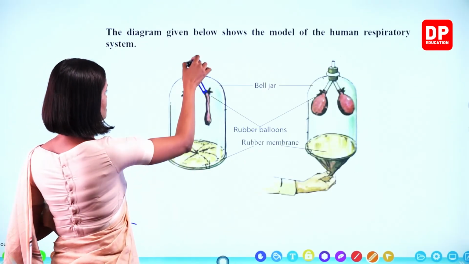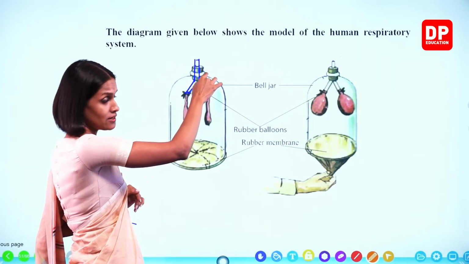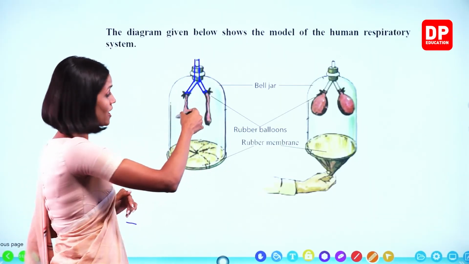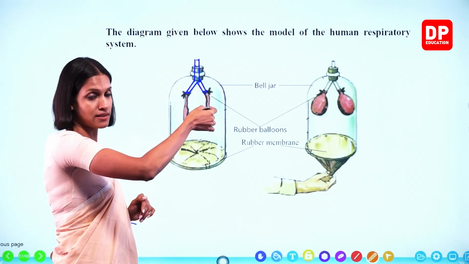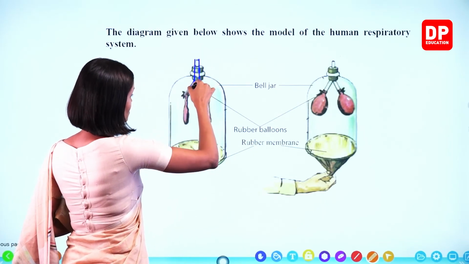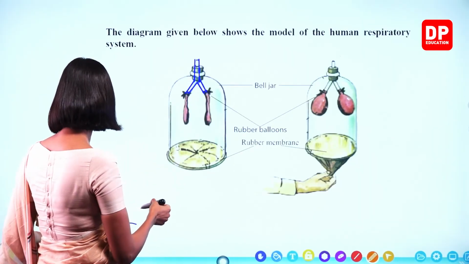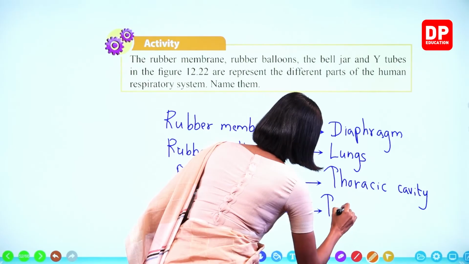And finally the Y tube, look at this one. This white tube is equal to the trachea. You all know that the trachea divides into two parts. What are those two parts? Two branches, left and right bronchus, right? So this white tube is equal to the trachea and bronchi together, right?